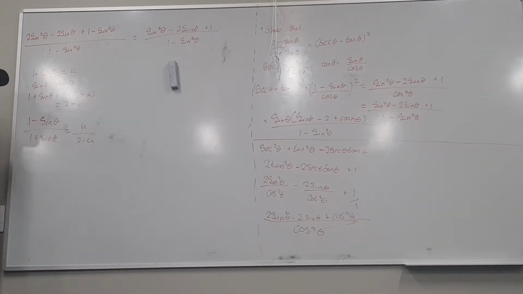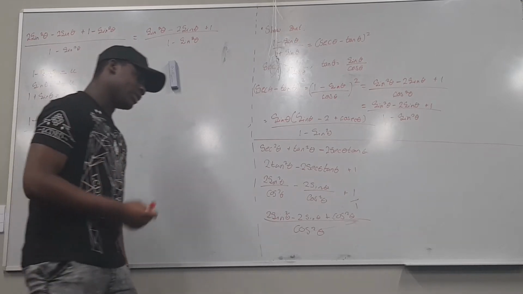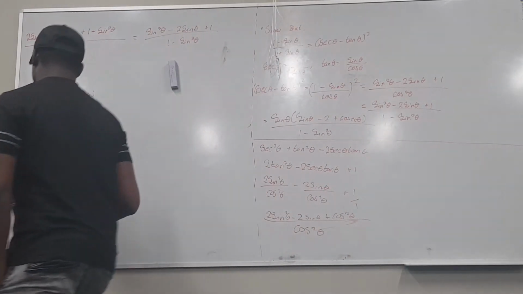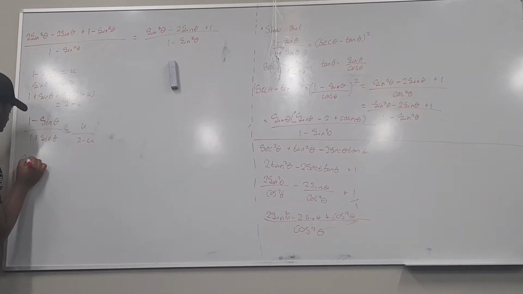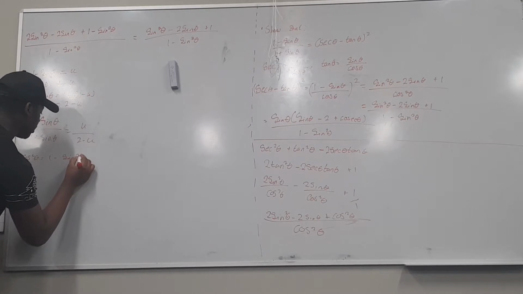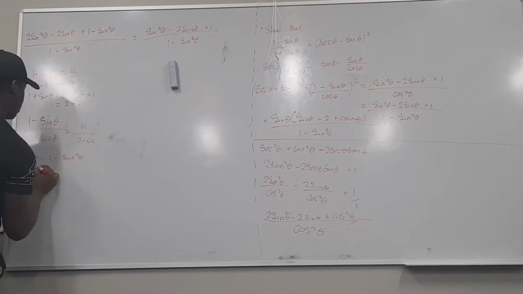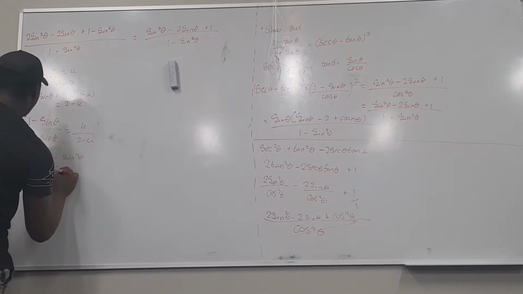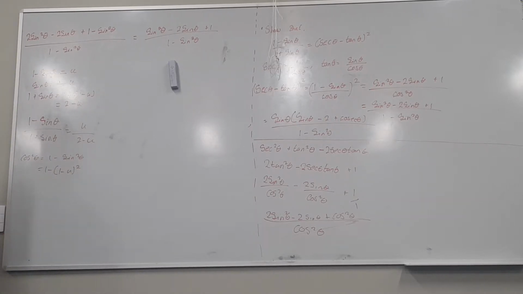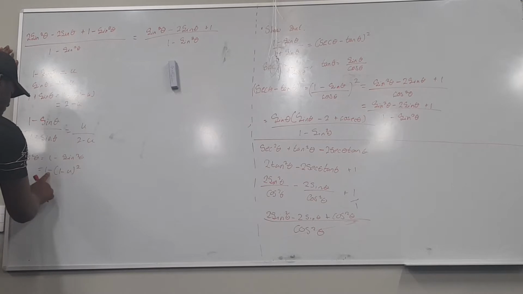I'm not going to keep on writing sine squared theta plus cosine squared theta equal 1. We already know that. So we know cosine squared theta is equal to 1 minus sine squared theta, and that's equal to 1 minus (1 minus u) all squared. Careful about the brackets. This is minus multiplying everything, but you don't do the minus first, you do the bracket first.